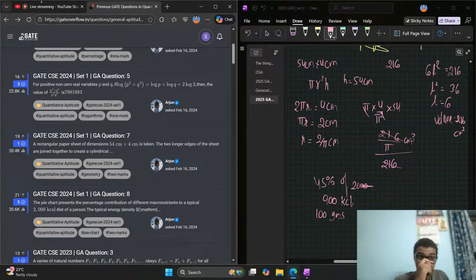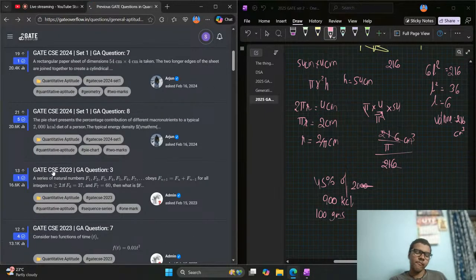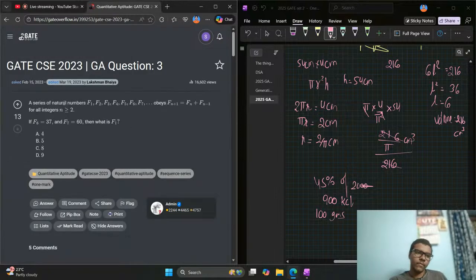Natural numbers. Fn plus 1 is equal to Fn plus Fn minus 1. So you get the next term by adding two previous terms. That's what this is saying.